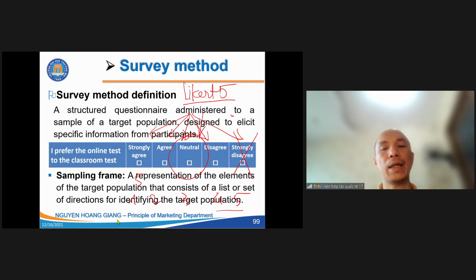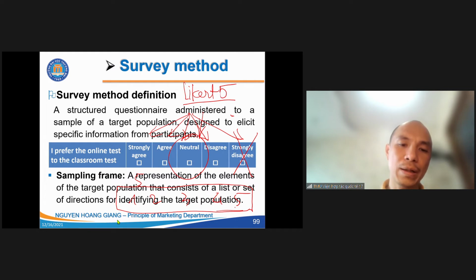Then people can choose, and after that, remember this is very important. For this one, a lot of groups in our class did it the wrong way when doing the findings and analyzing the data. With this kind of scale, you don't use the percentage. No, this is not suitable.